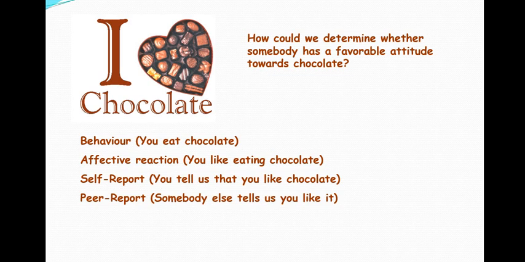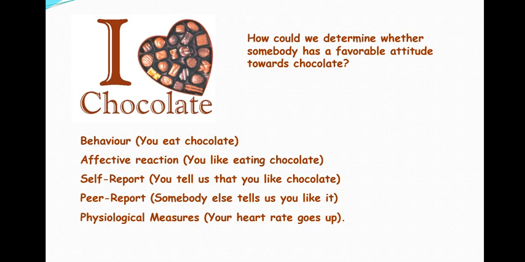Or you are telling yourself, or I'm telling you how much I like chocolate. Or my friends are saying, Alexandra has a birthday, what should we buy for her? Let's buy her chocolate. She loves chocolate. And last but not least, when I see chocolate, I'm drooling, or my heart rate beeps up. Both are physiological measurements. Or my eyes are opening wide. My nose smells chocolate.